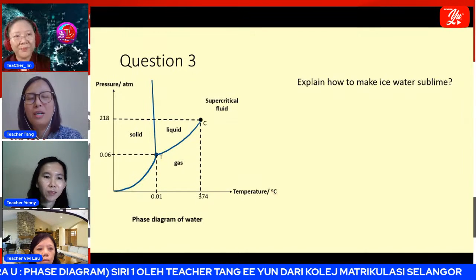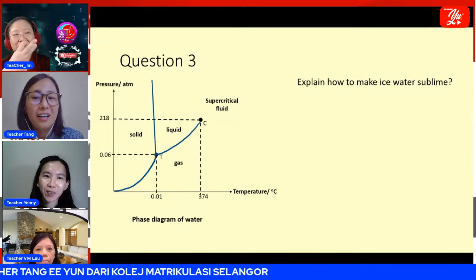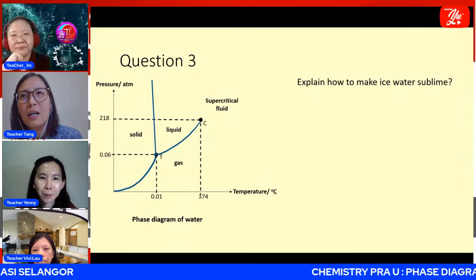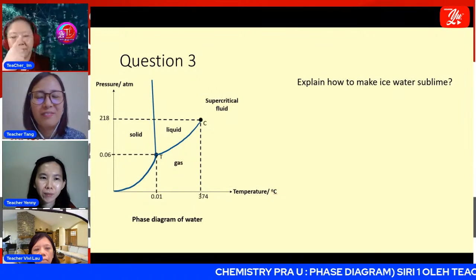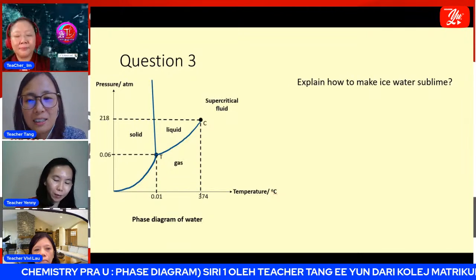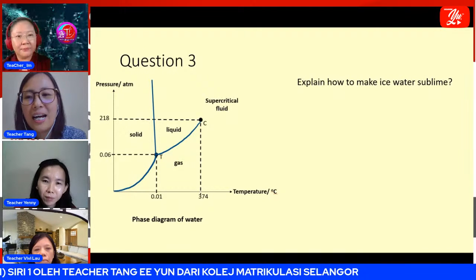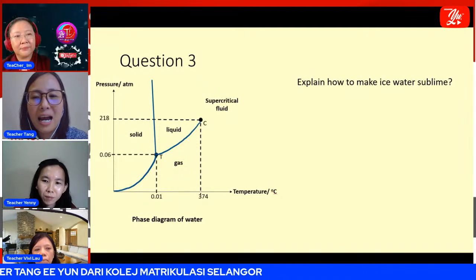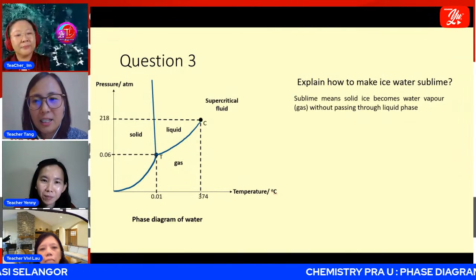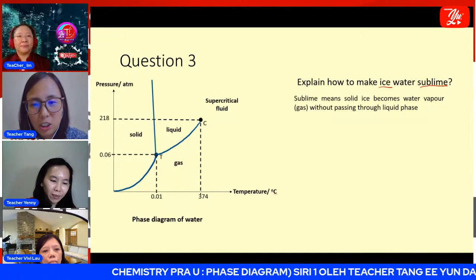Question number 3. For this question, you need to think first about how to answer it, because it does not give you a very straightforward initial condition. The question asks how to make ice sublime. You must remember, this is sublimation.